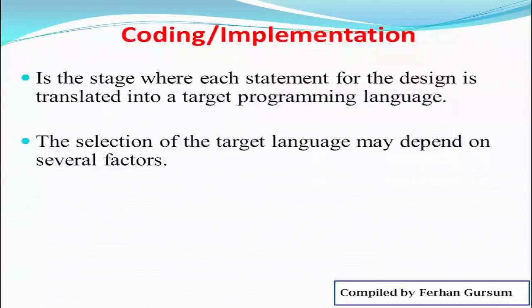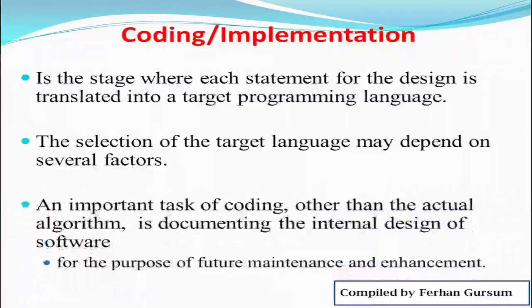The selection of the targeted language may depend on several factors. An important task of coding, other than the actual algorithm, is documenting the internal design of the software for the purpose of future maintenance and enhancement.